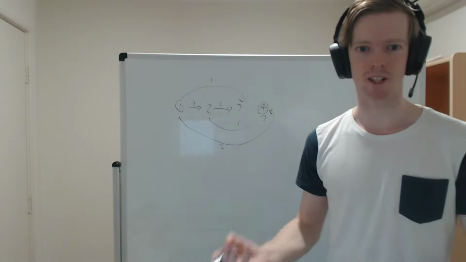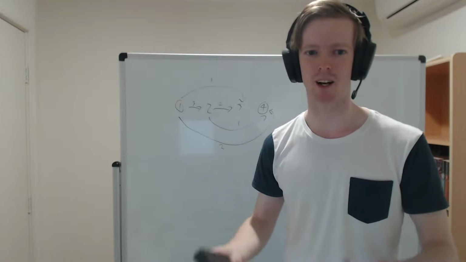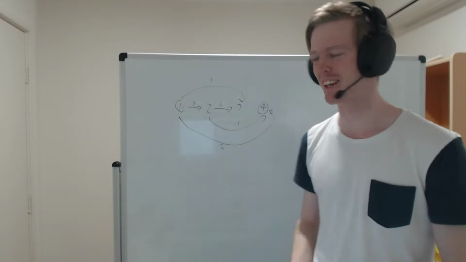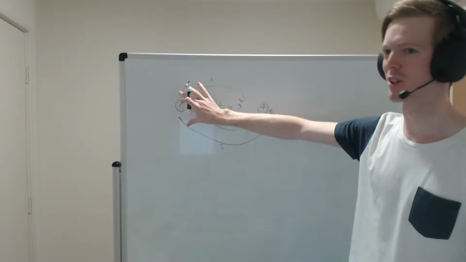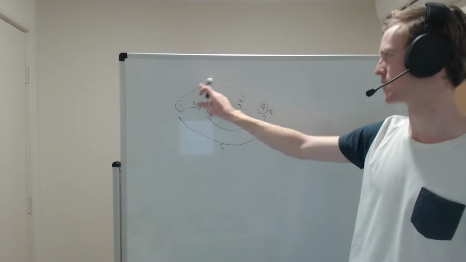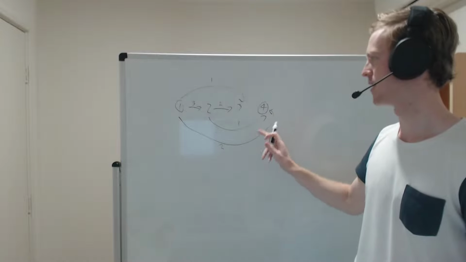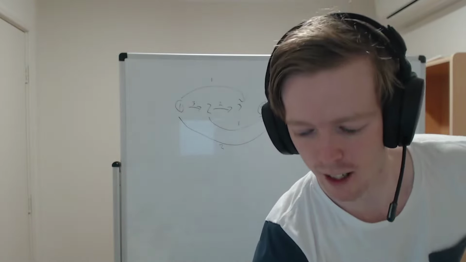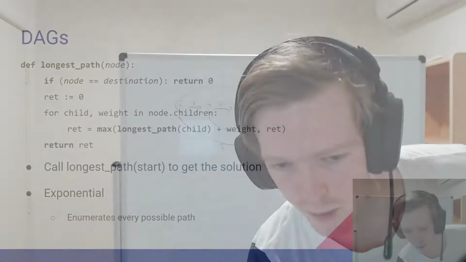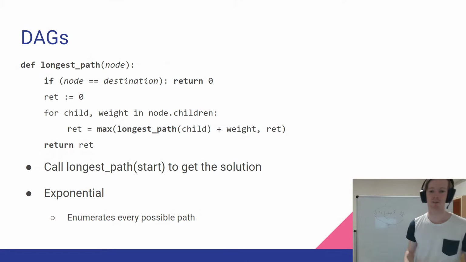So what's the best way of writing this? Well, we can define a recursive function that takes in a node, enumerates across all of its edges and returns that value. We define that by the following code sample. We define a function called longest path.